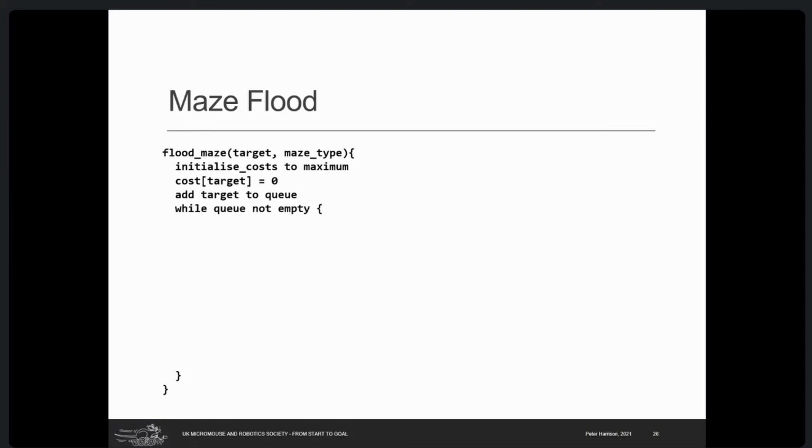Then we process the queue, right? There's one cell in it, so we take this cell out from the queue, and that's where we're looking at now. We work out what the cost is for the neighboring cells, and if we're just using a simple Manhattan flood, the cost will be 1 more than whatever was in that cell. And then we just run around all 4 directions.